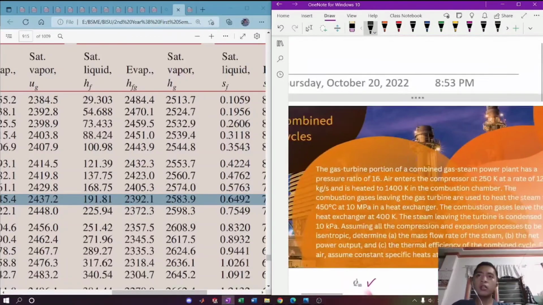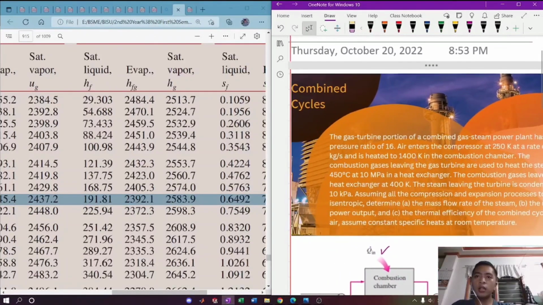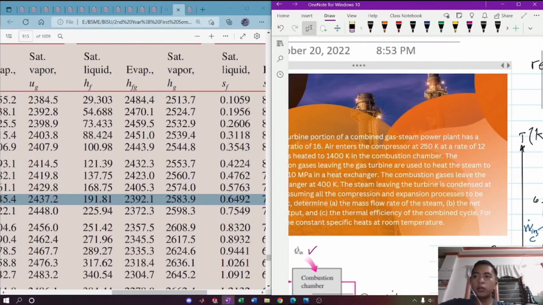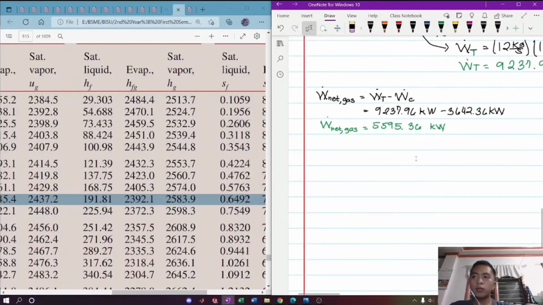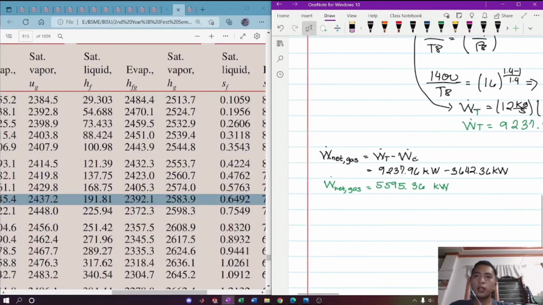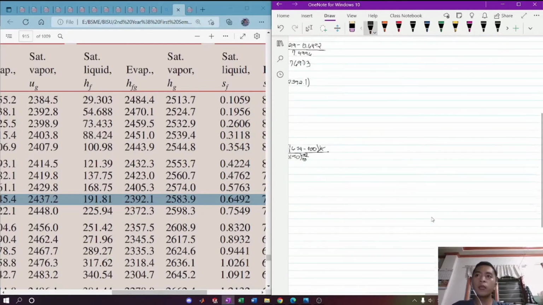Letter B is to solve for B, net power output. So net power output niya sa kani kinasolve na naman ang gas na. So ato na lang isolve ang steam.